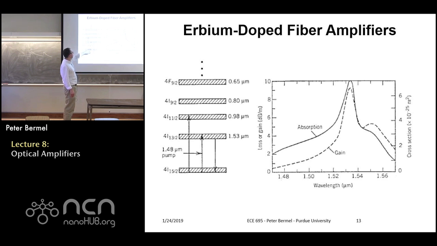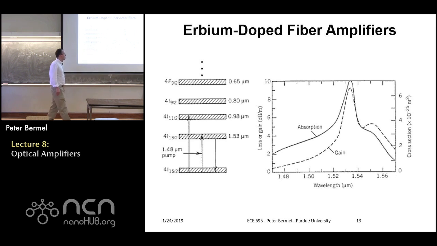Or you can pump at a wavelength that's just slightly shorter than the output wavelength that you're targeting. So basically excite at 1.48 microns, and it's just wide enough, about 0.05 micron width, that you can now go down to the bottom of this range of energies and then re-emit at about 1.53 microns.